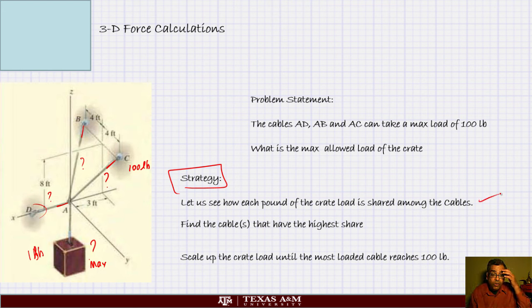So each pound of the crate load, how is it handled by the 3 cables? That's what we're going to find. And then we will find which is the cable which has the highest share. And then we will scale up the load until the cable with the highest share reaches 100 pounds, because all the others will have a slightly lower share, and then we will be done. You got that, right? So that's the strategy. Let's see the implementation.